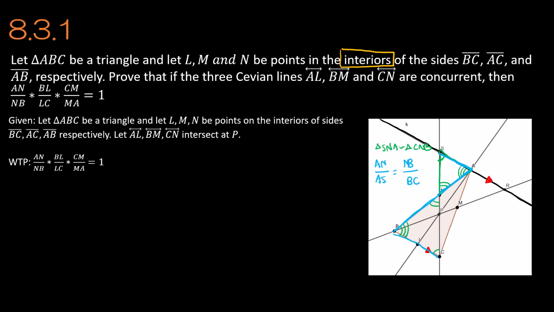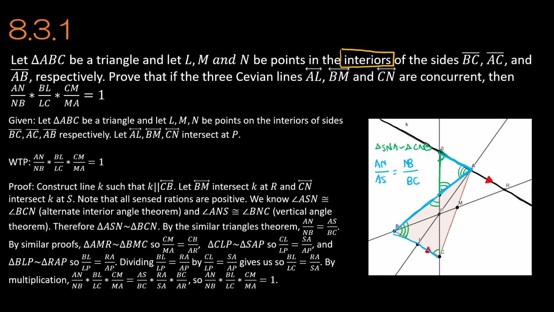I'm going to go ahead and reveal the proof so that I don't mess up any of the ratios. We just talked about AN over NB, AS over BC, and you can see in my proof I wrote it differently, and that's okay. So AN over NB is equal to AS over BC. That's the same ratio that I have written.